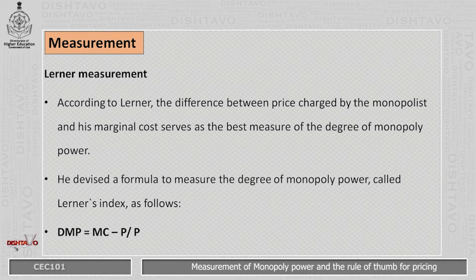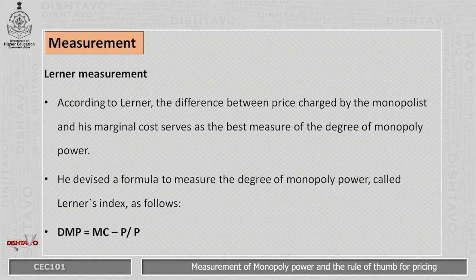Now, how do we measure the single seller's power in the market? Lerner's measurement is often used to measure monopoly power. According to Lerner, who introduced this measurement, the difference between the price charged by the monopolist and his marginal cost serves as the best measure of the degree of monopoly power.